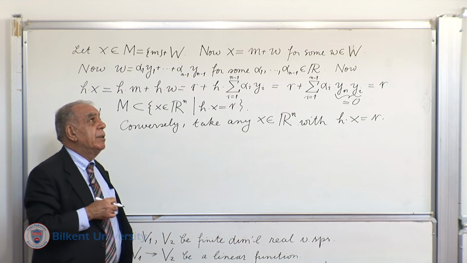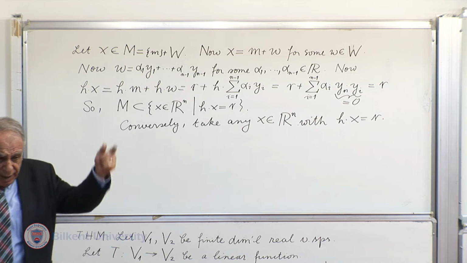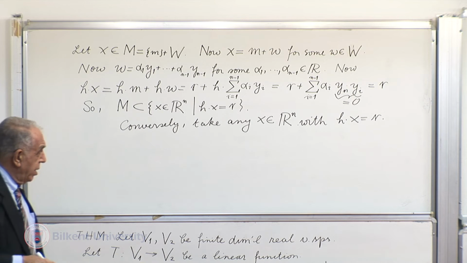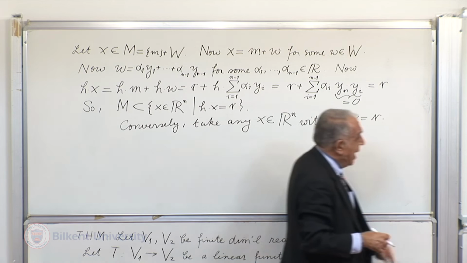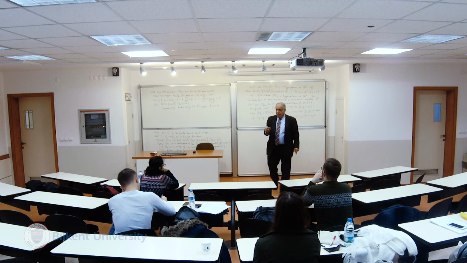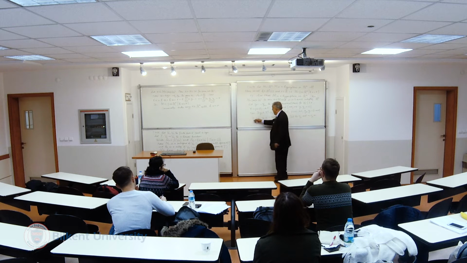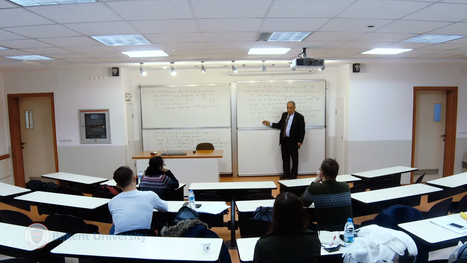Well, how can we do that? Well, x minus m, that in particular will be in Rn. So y1 up to yn, including n, that's the basis for Rn. I can write x minus m as a linear combination of y1 up to yn.